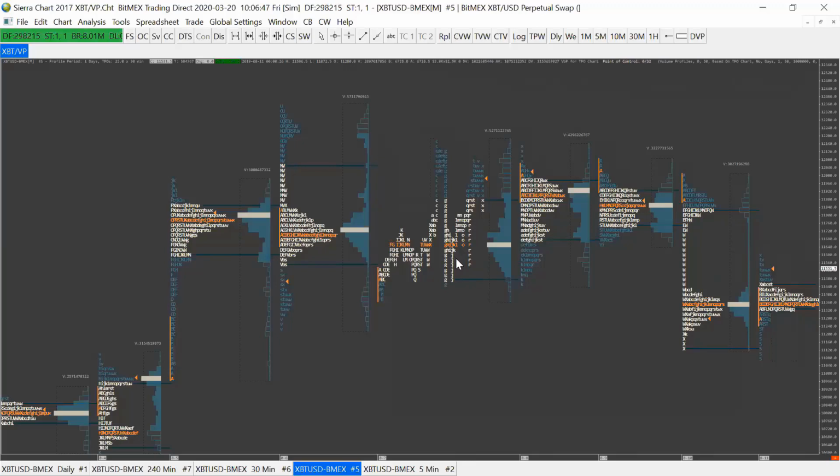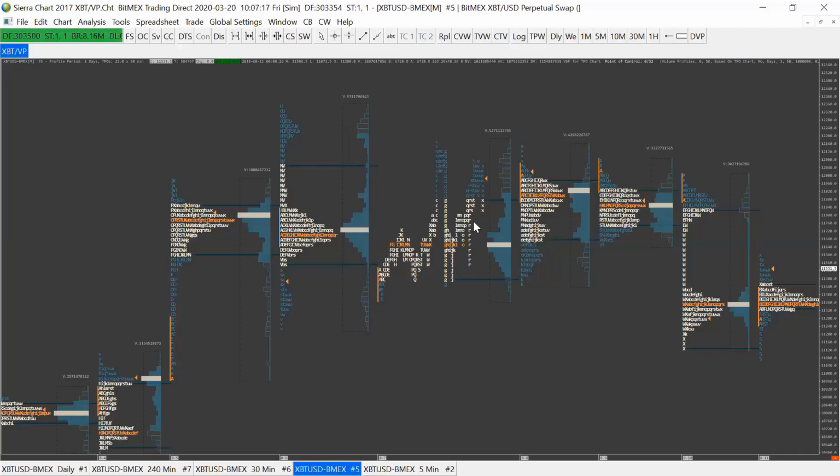So the letter A here at the start of the day is the first hourly candle in this day. The letter B is the second hourly candle, and so on, all the way up to X. So it records and displays how much time price spent trading at a specific price or series of prices, as opposed to volume.